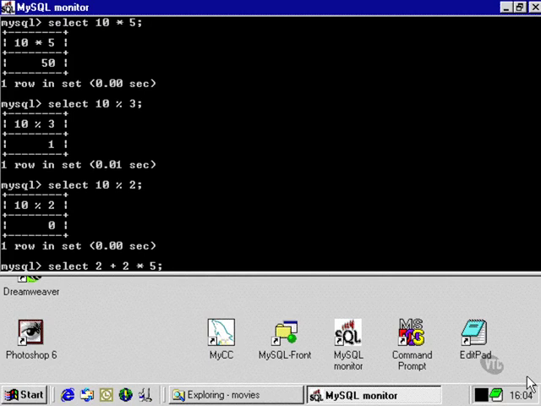The answer is that MySQL will always do the multiplication first, so the answer in this case is 12. The reason for that is that multiply and divide have what's called operator precedence over addition and subtraction. If we want to force MySQL to carry out the addition first, we simply put brackets around that part of the expression.